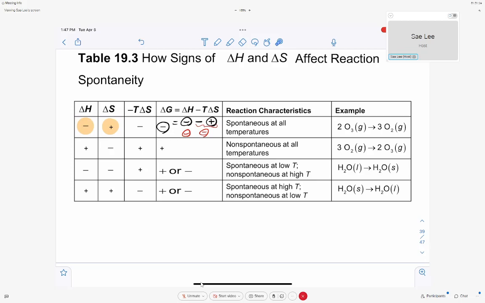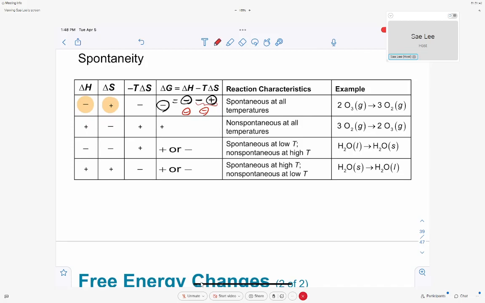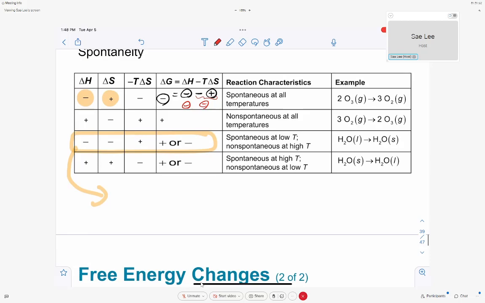If the enthalpy is negative and entropy is negative, they both have the same sign, then at low temperature, this is already minus.